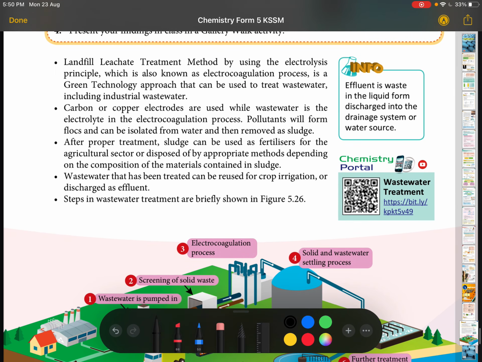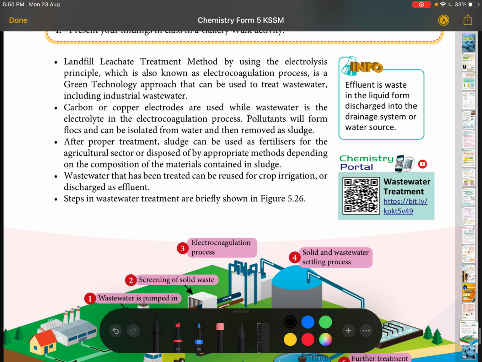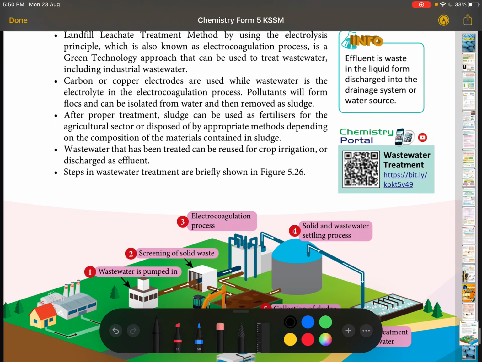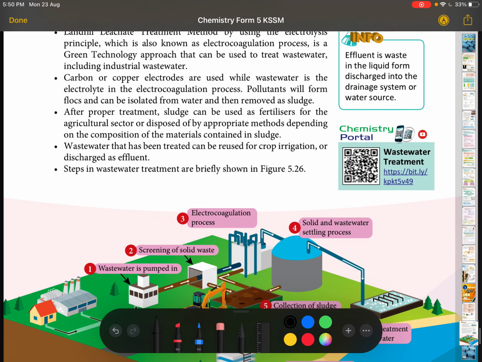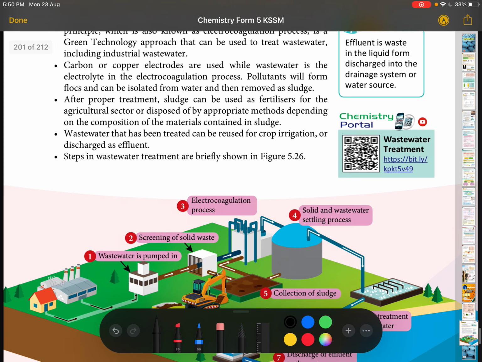So how is the current green technology for wastewater management? First of all, they use something called electrocoagulation. After you pump in the wastewater, I think it's called sedimentation.